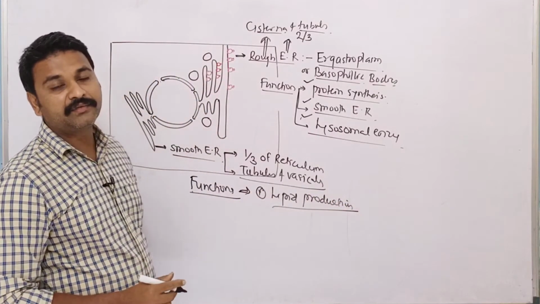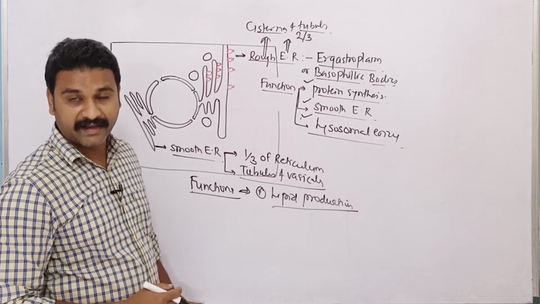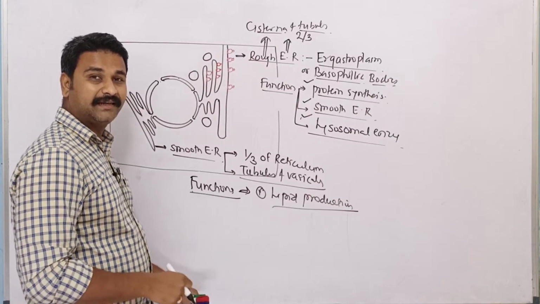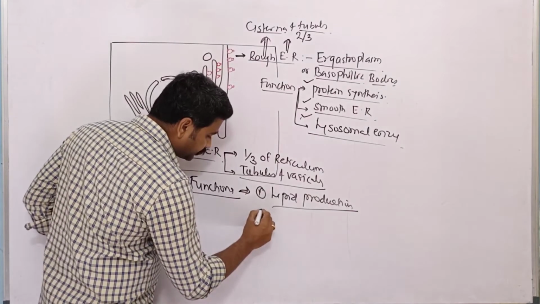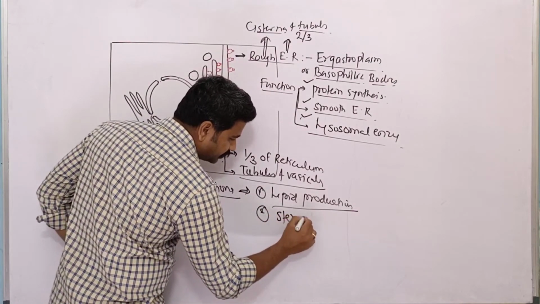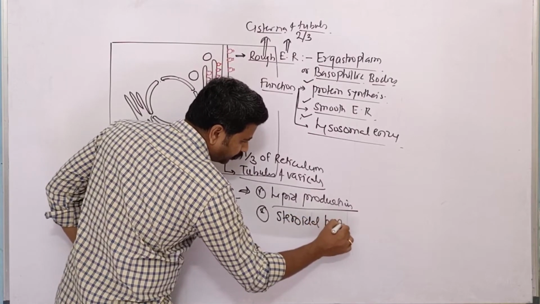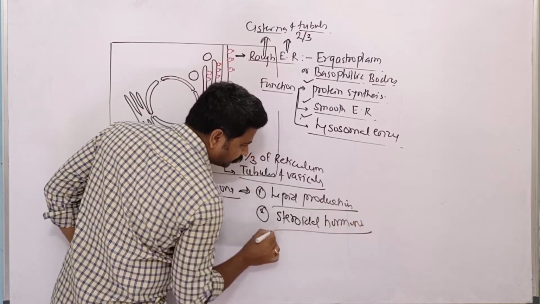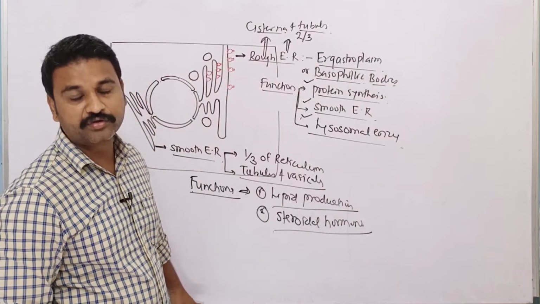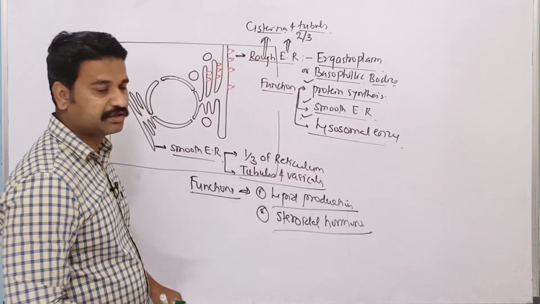As it produces lipid, it will also help the cell in producing steroidal hormones, which are derivatives of lipid. Thirdly, the smooth endoplasmic reticulum is associated with detoxification reactions.